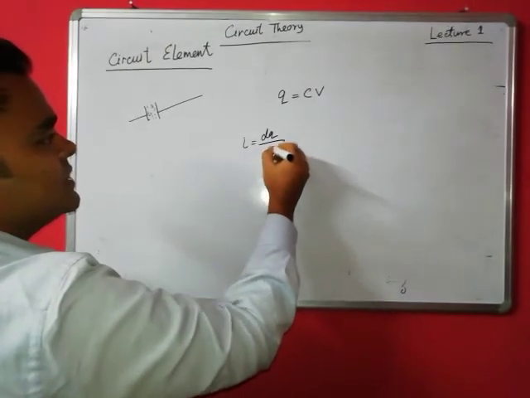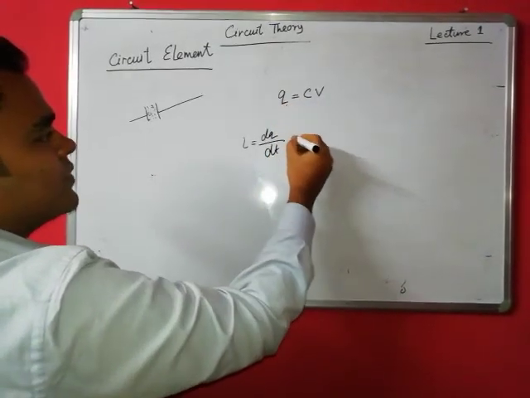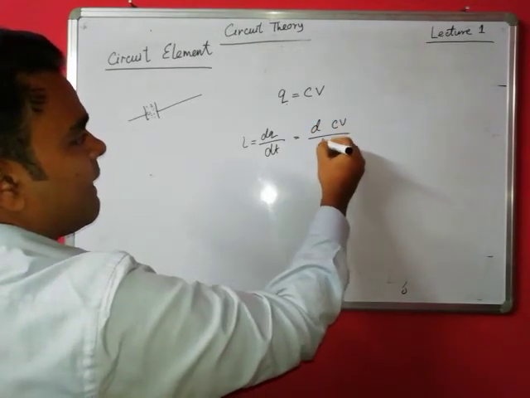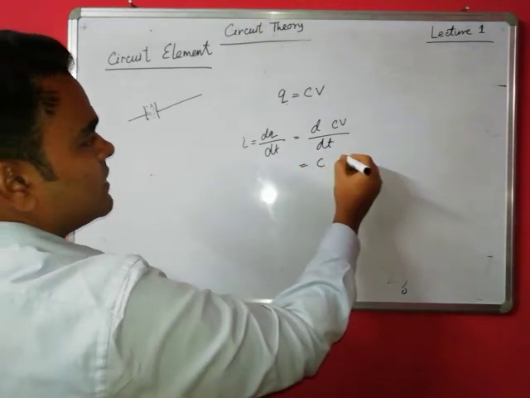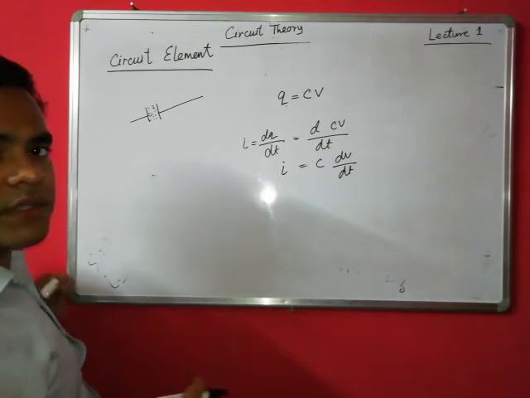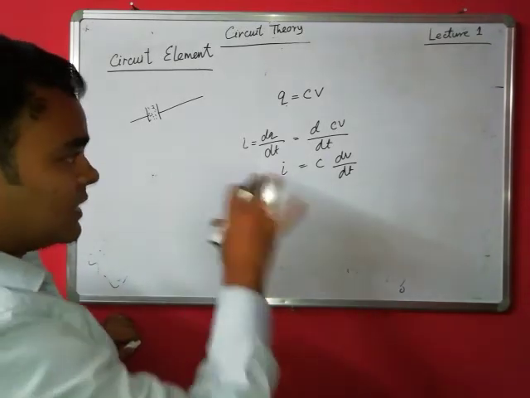It is dq by dt. So if you put the value of Q over here, what we'll get? We'll get C dV by dt. So this is the equation of the current through a capacitor.